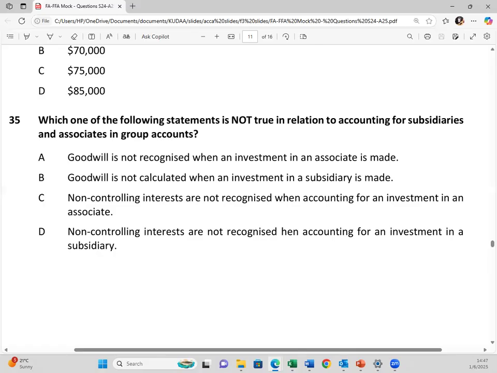Yes, that's true. Then non-controlling interests are not recognized when we account for an investment in an associate. We just want which one is not true. The one which is not true is B. So B is not true.